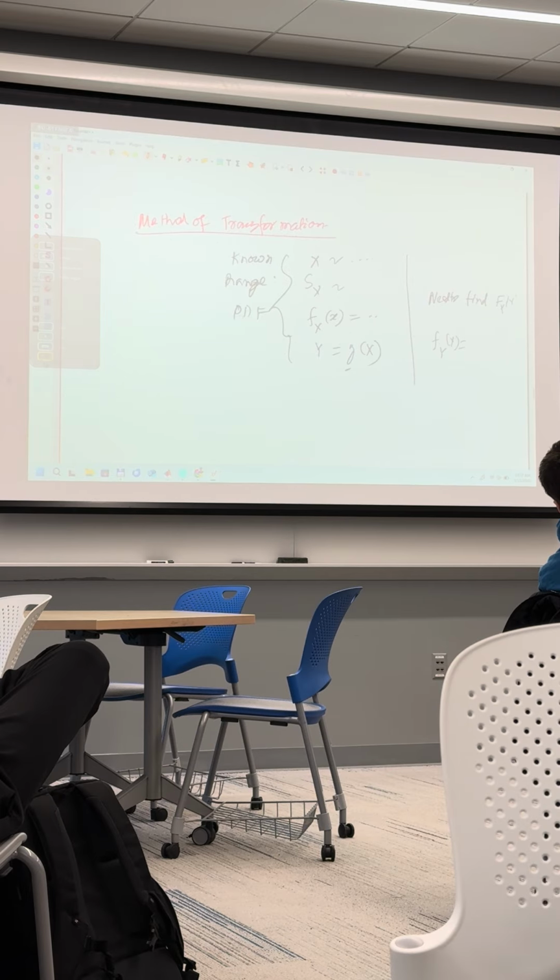So the cumulative distribution function of y. Once you find this, you take the derivative of the CDF of y to get the PDF.